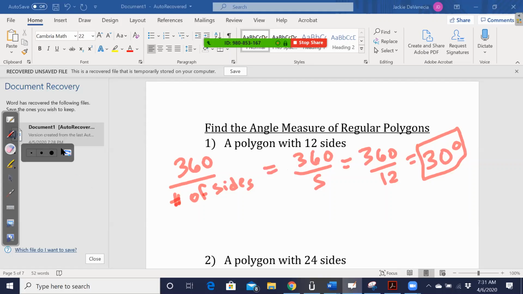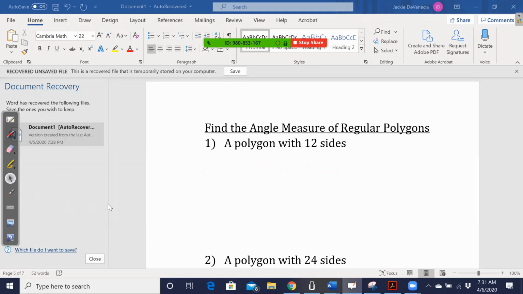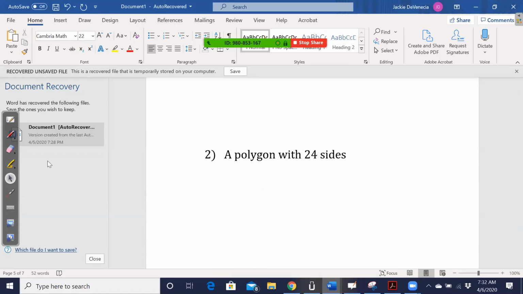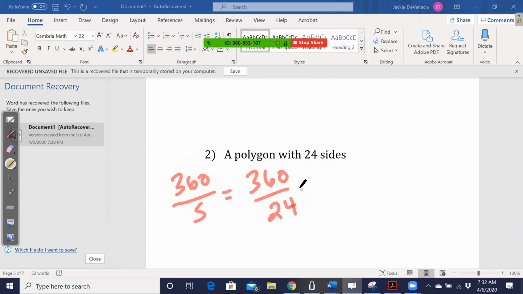We're going to jump down to another example, a polygon with 24 sides. So it's the same formula as before, 360 divided by the number of sides. We're going to do 360 divided by 24.